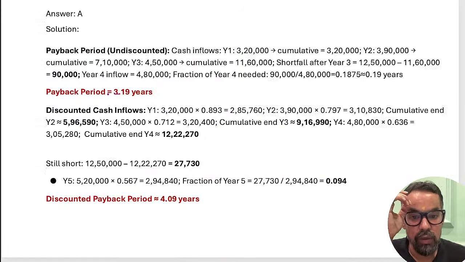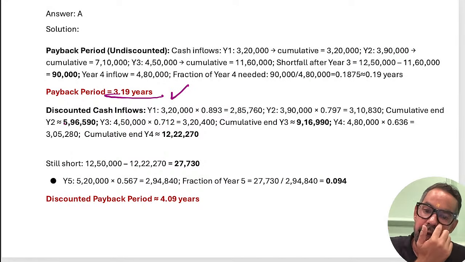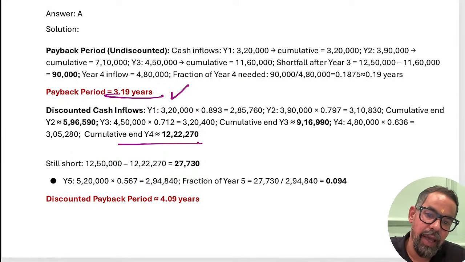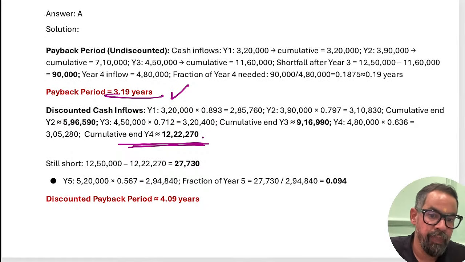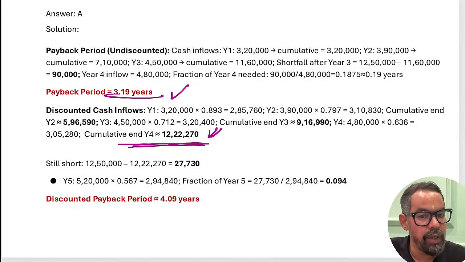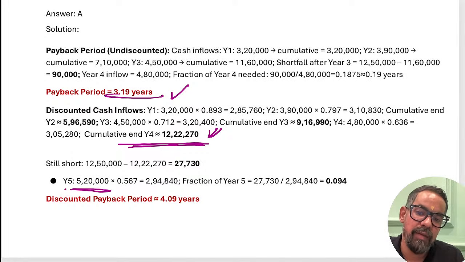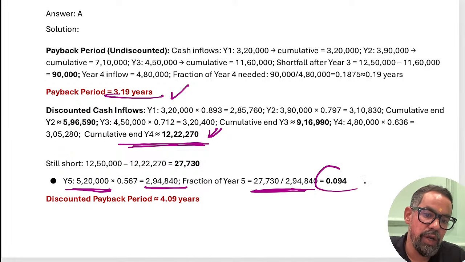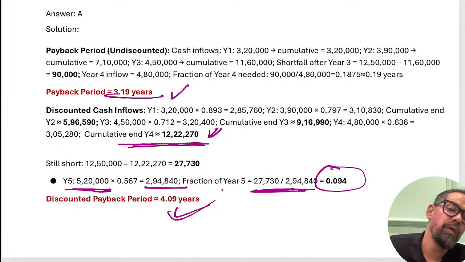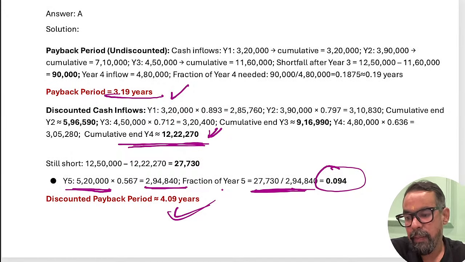So here the solution is also not 3.19. If I discount all those, by the end of the fourth year we are getting 12,22,270. Now the fifth year we have 5,20,000. We have taken the proportion, okay, so this is the proportion, 27 divided by this, so 0.94. That's why 4.09 years for this one. Got it? Any doubt on this, guys?